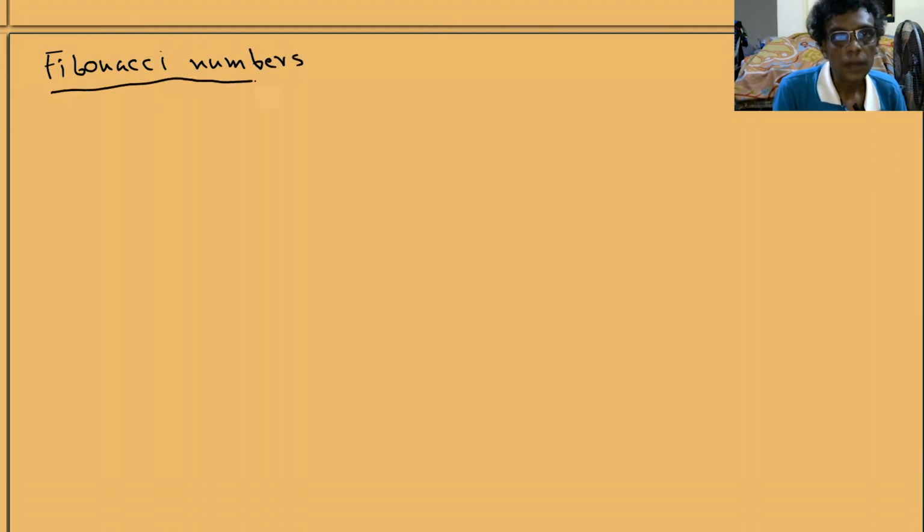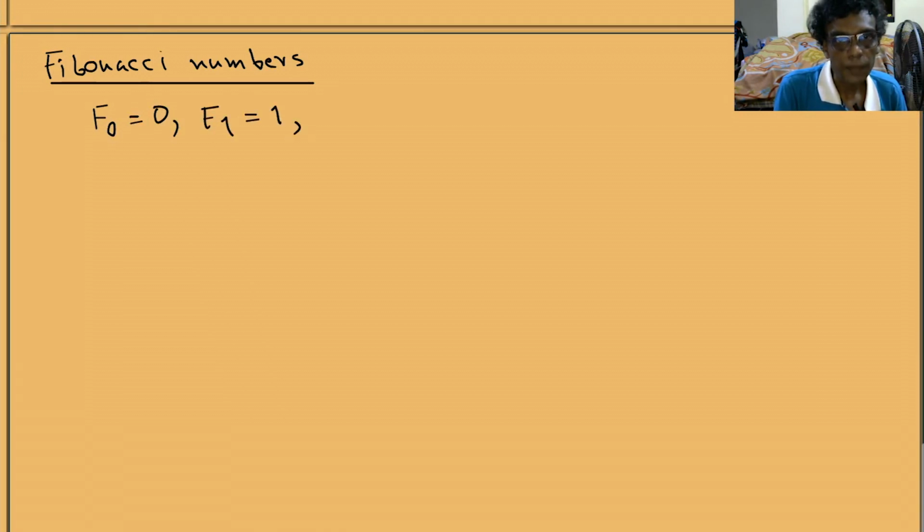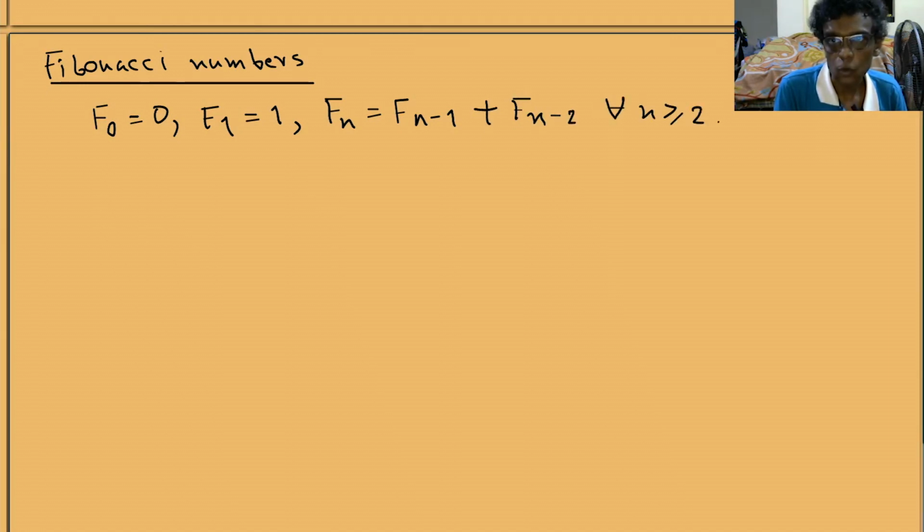Fibonacci numbers are defined recursively this way: F0 is 0, F1 is 1. Subsequently, Fn is the sum of the previous two terms in the sequence. This is for all n greater than or equal to 2.